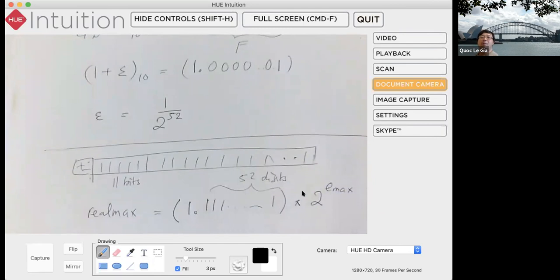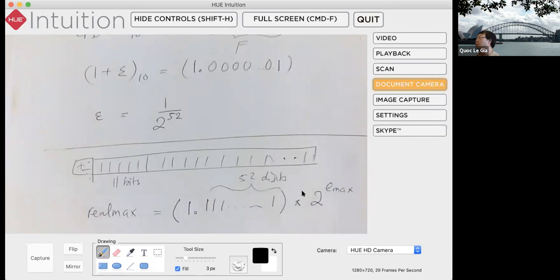It's 11111, yes, but what is 11111 in terms of binary? It's 2048. But remember, in the real system you can have negative powers as well, so you don't want only positive powers.